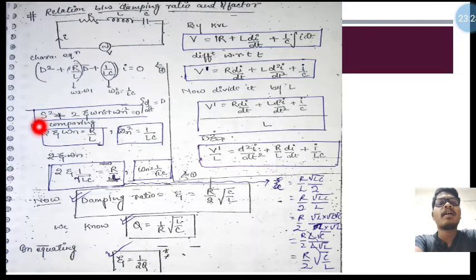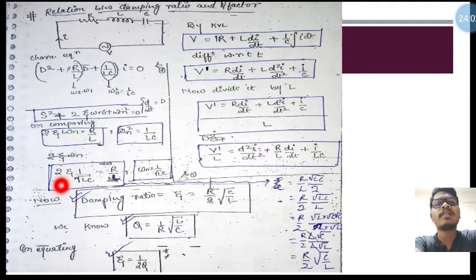So by comparing this characteristic equation to this equation, we can find 2 zeta omega n, that is R divided by L, and omega n square is equal to 1 divided by LC. So on comparing these equations, we get 2 zeta omega n is equal to R divided by L, and omega n square is equal to 1 divided by LC.